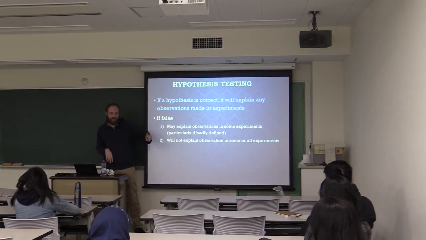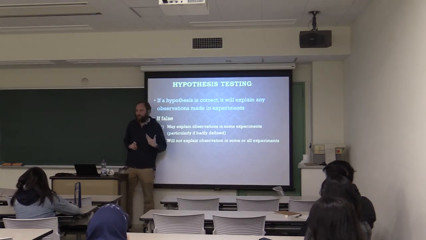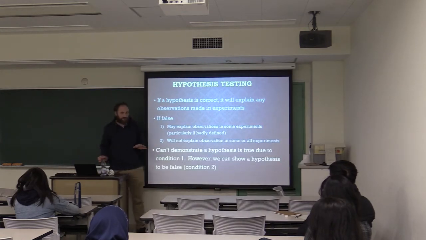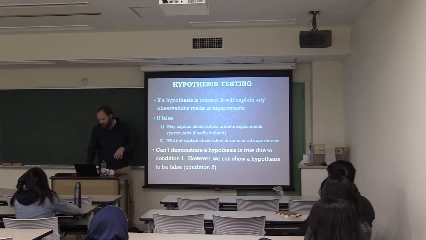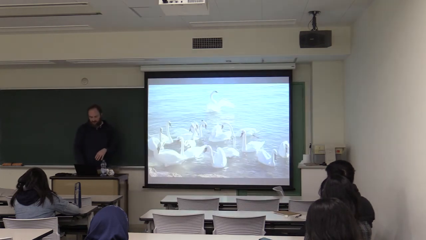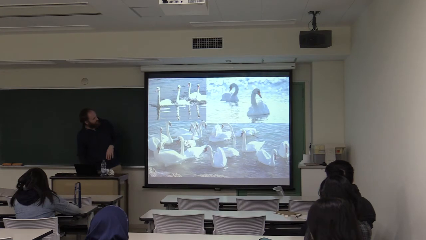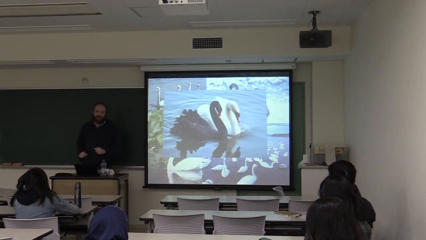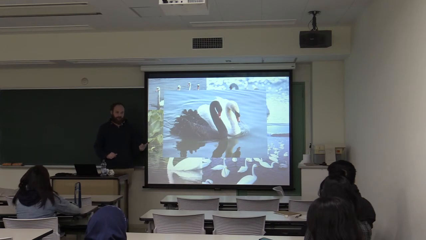Just one. So logically we can never prove hypotheses to be true, but we can prove them to be false. This is the basis for experimental hypothesis testing in science. Lots of swans, hypothesis is doing great, and then boom, our hypothesis is false.